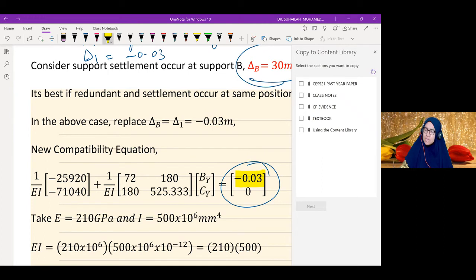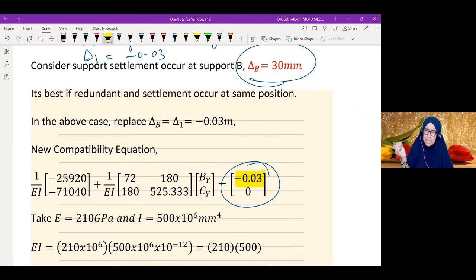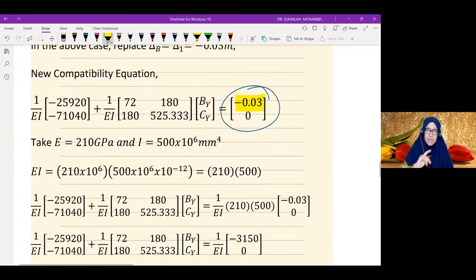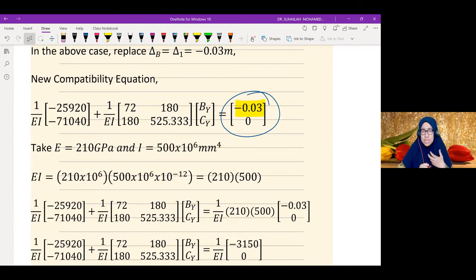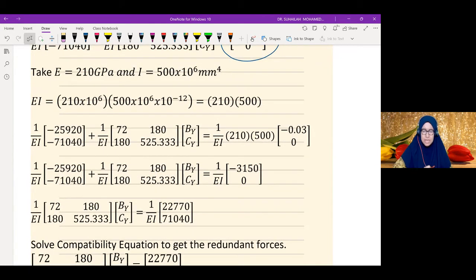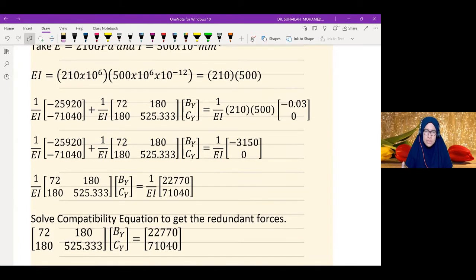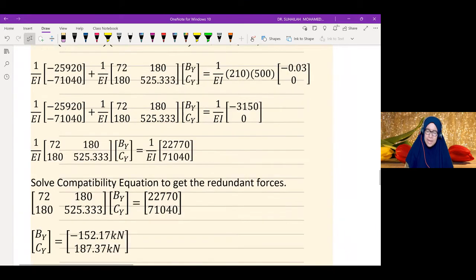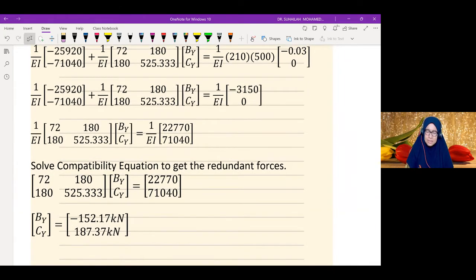So by substituting this, negative 0.03, what we need to do again, whenever we have to consider support settlement, we have to have E and I, unless the settlement is given in terms of EI. So we put this into the compatibility equation, we get the new compatibility equation, and then when we solve, we get this value.